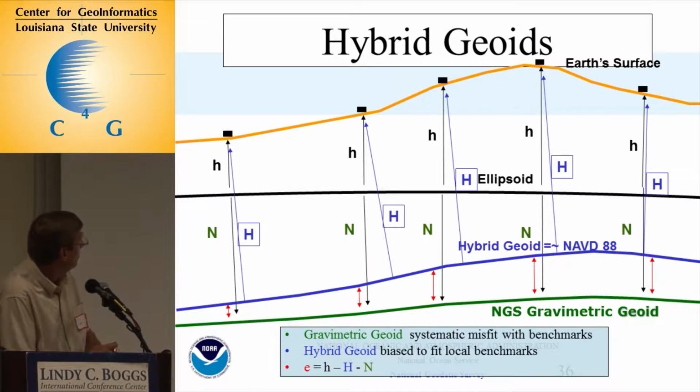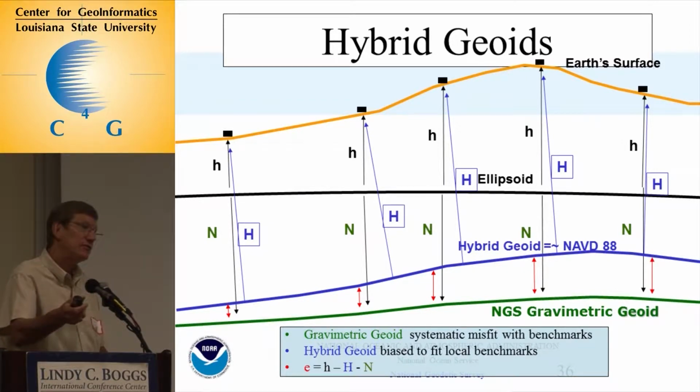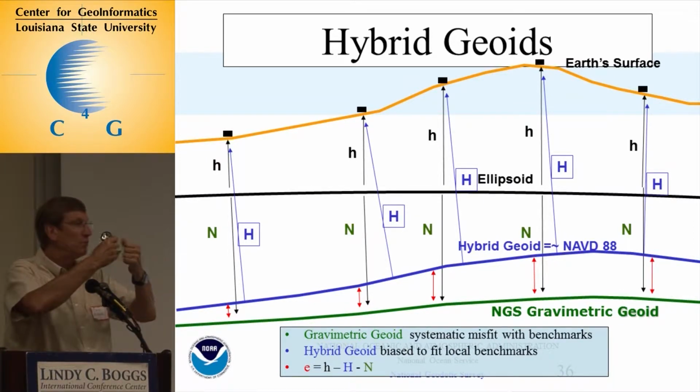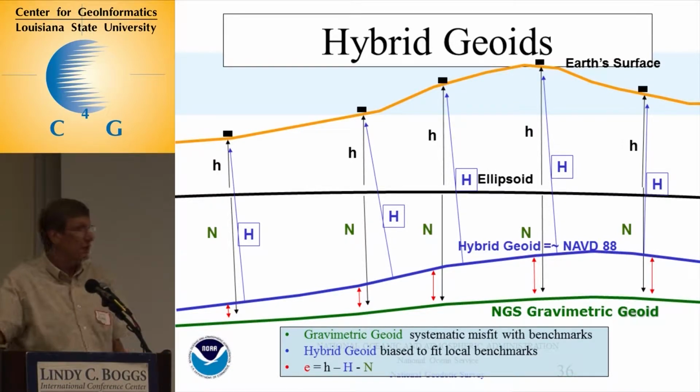Then what Dan and others at NGS did is they said, okay, I have some monuments on the surface of the Earth that have leveled heights, so I have an orthometric height on this benchmark. And we also occupied them with GPS, so now I have a GPS ellipsoid height. So I can take that equation, with an ellipsoid height and an orthometric height, and compute what I think the geoid value should be. So I have a model geoid number and this computed geoid number, and they're not going to be the same.